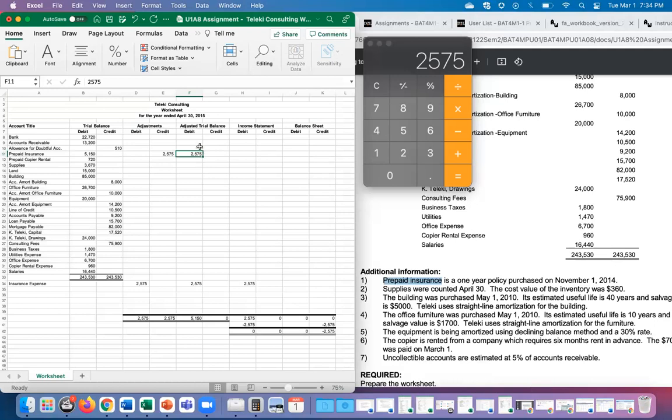That's in the debit column, remember? So we're just going to have it in the debit column of the balance sheet. Same number, 2,575.